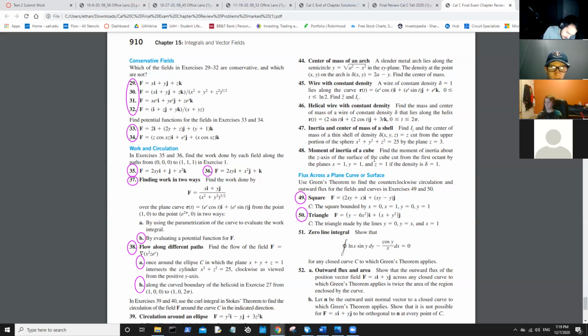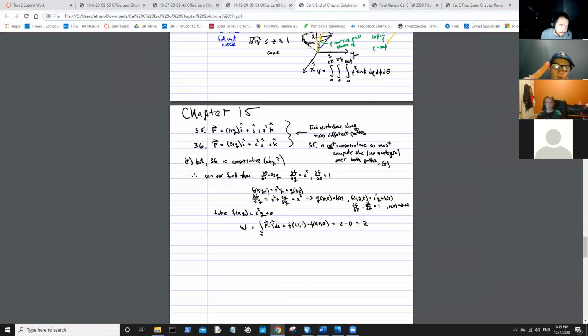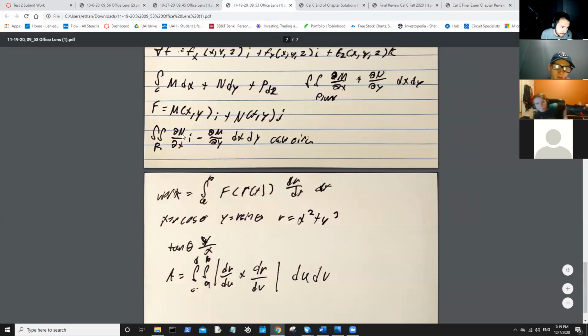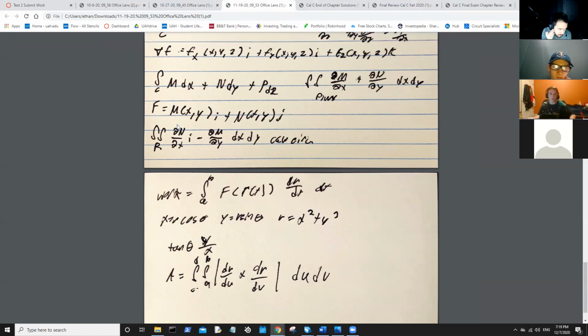Okay, and now we have to double. Wait, is M the first one or second one? It says we say M, but it's N when we start. Okay, so it's N in terms of x. Yeah, but what are N and M even defined as? The one right above it. M is the i component and N is the j component. Oh, ew.